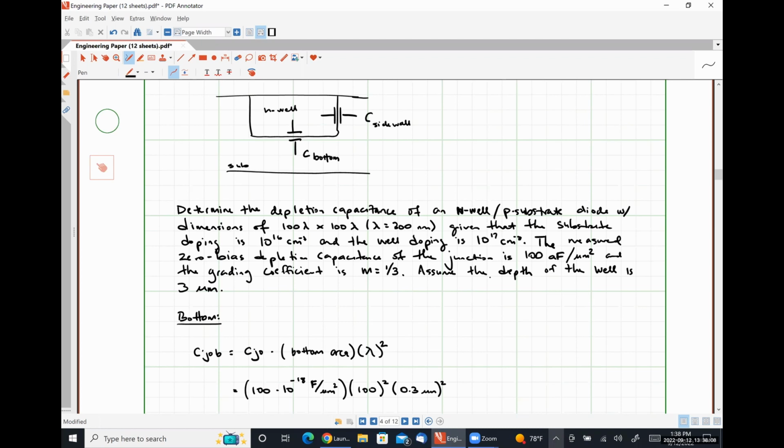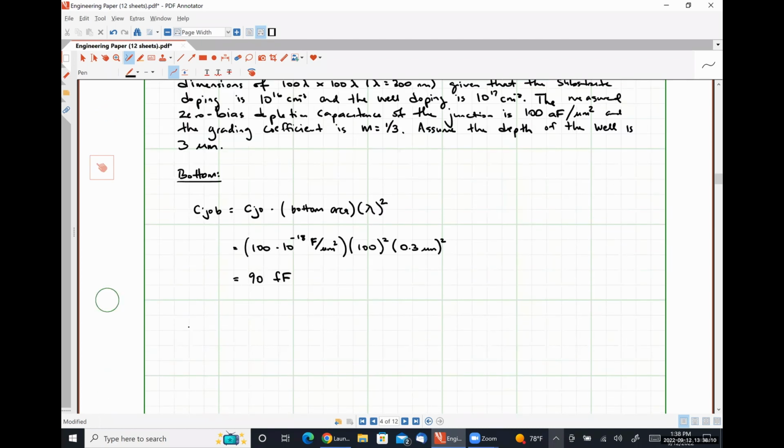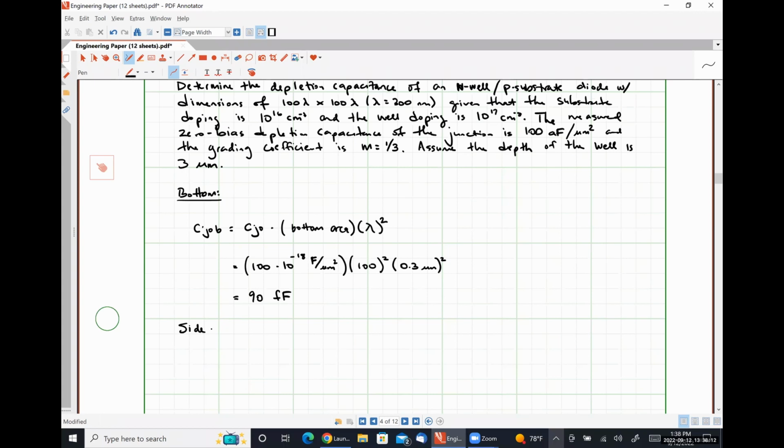Okay. So for our sidewall capacitance, I'm asking you to think about that so that when I give you a problem and I ask you to do it, or I'm not there to tell you what it is, you'll think about, oh, this is how you do it.